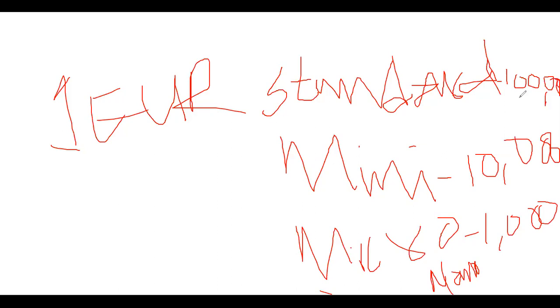Now let's bring it down to an understandable point. Now, this standard lot size, on the MetaTrader 4, if we look at this MT4, for instance, let me share my screen.